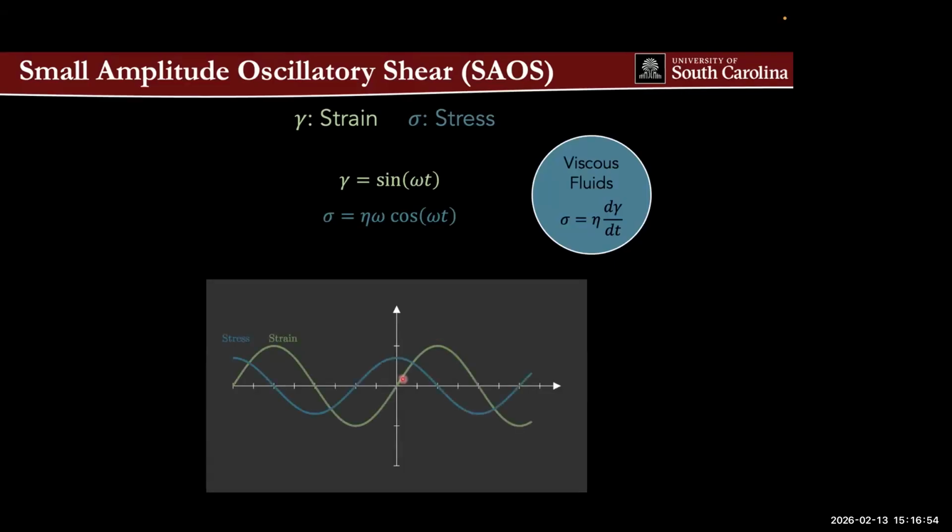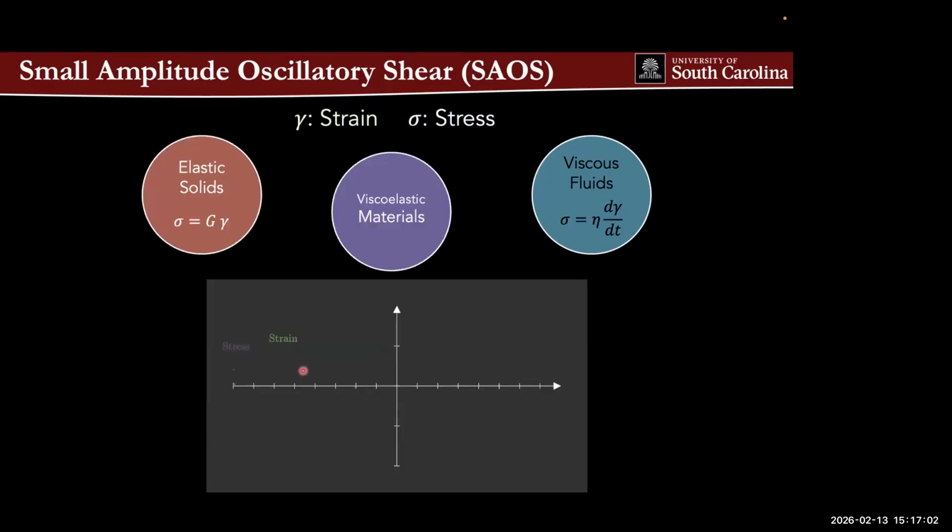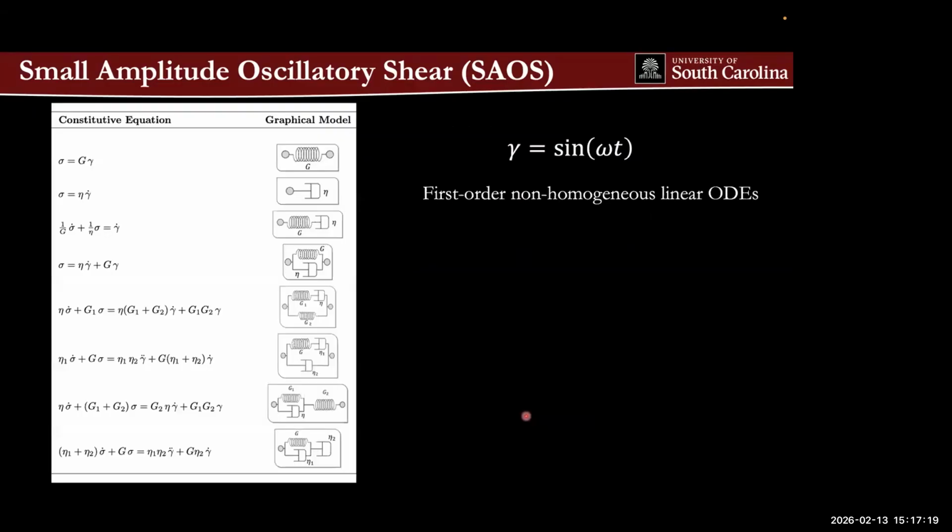In the case of viscous materials, they're out of phase, or the phase angle is equal to pi over 2. Viscoelastic materials are going to be anything in between 0 and pi over 2, and that varies from material to material. But the phase angle is never exactly 0 or pi over 2, and that's what characterizes some materials over others.